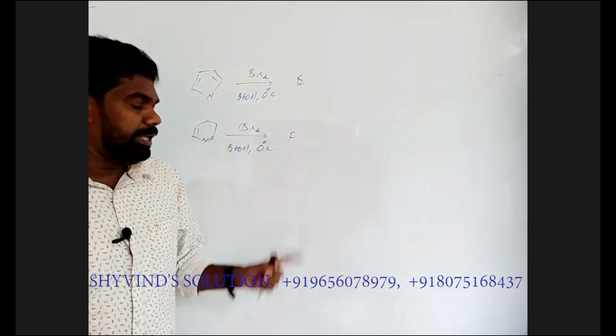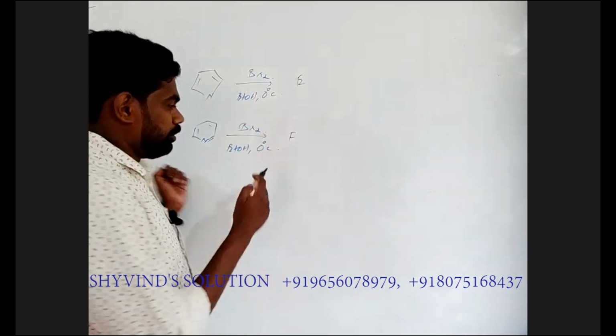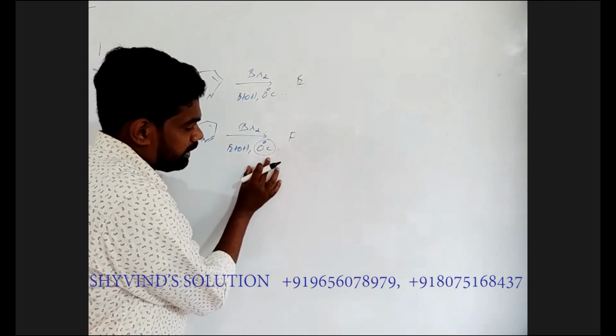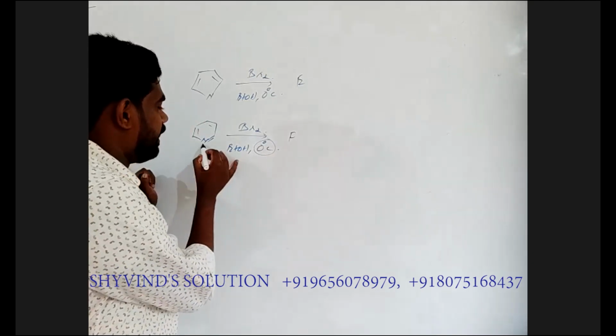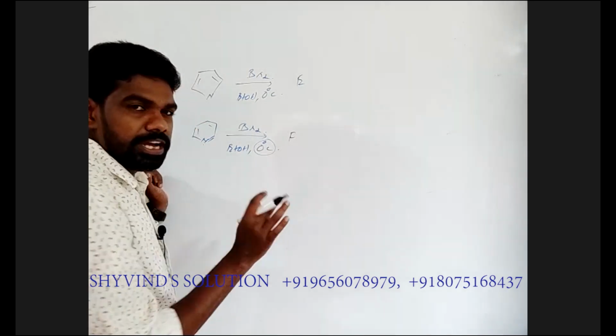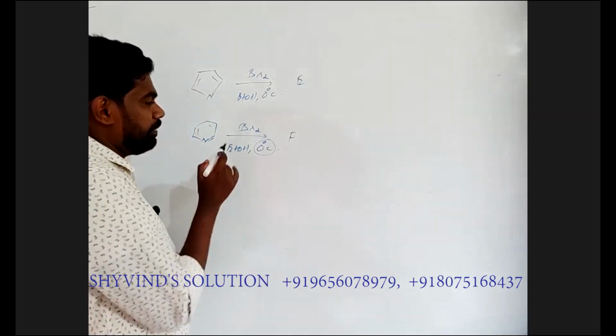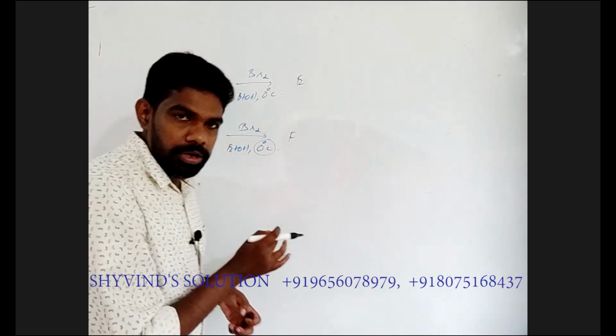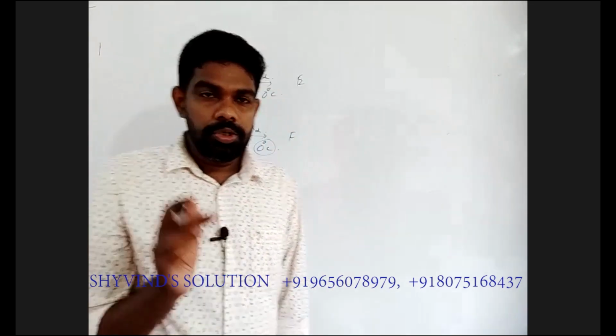But in the case of pyridine, it is not like that. You should look for the condition. If the condition is mild, the nitrogen will undergo reaction. If the reaction is at room temperature or high temperature, it is brominated at the carbon only. Okay, that is the idea.